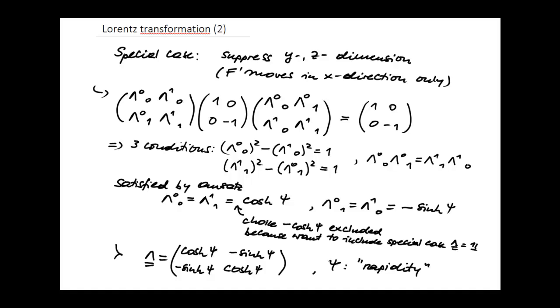And we have yet to understand how rapidity is related to the ordinary velocity with which observer F prime moves relative to observer F. This is something that we are going to look at very soon, how these two are related.